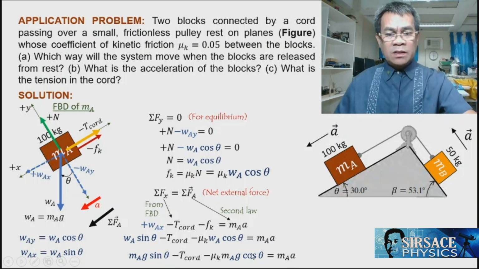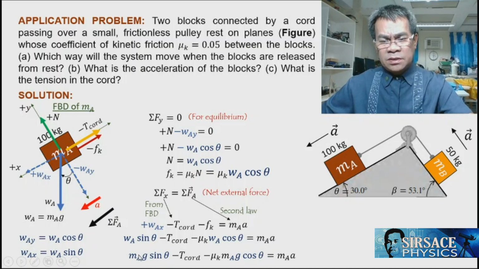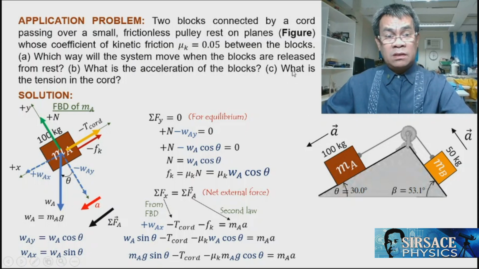Now if you analyze this result, mass A is given, nothing to worry. g is 9.8 because this is acceleration due to gravity. Theta is 30. T cord is unknown; in fact, we ask this in letter C, what is the tension? Mu k is given as 0.05. Mass A is 100.